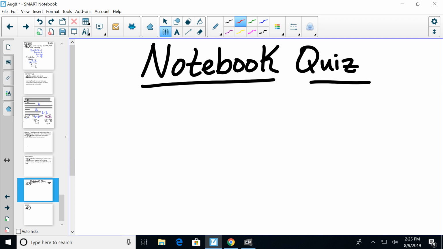Give me the step where the error was found in the original problem from the do now on August 8th. I don't want the solution, what the actual error is. I want to know the step where it took place. Where did we identify there was a problem? Copy that step down.